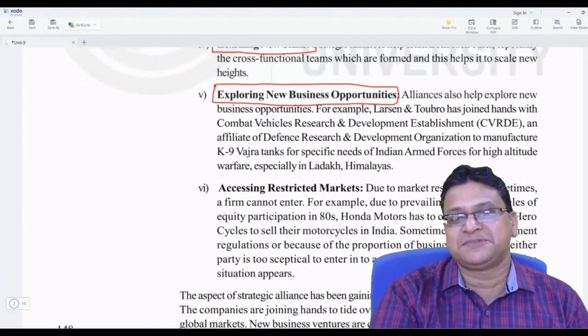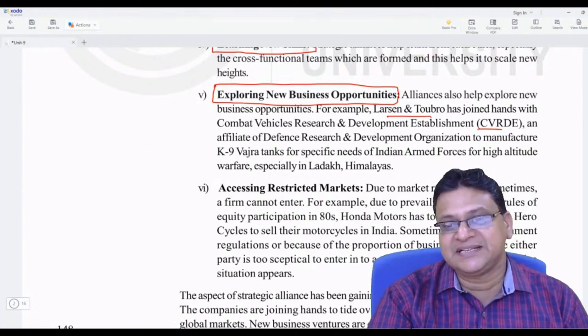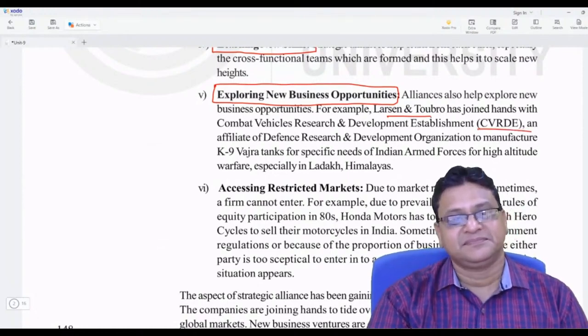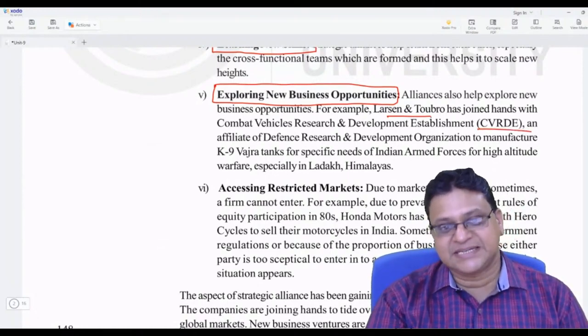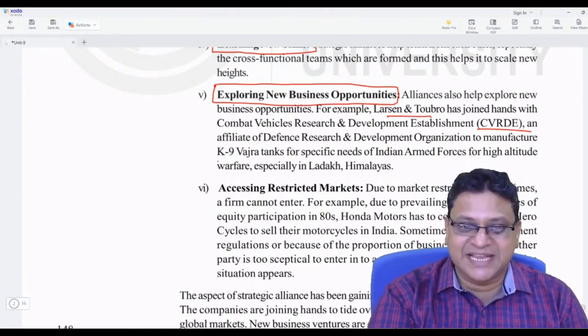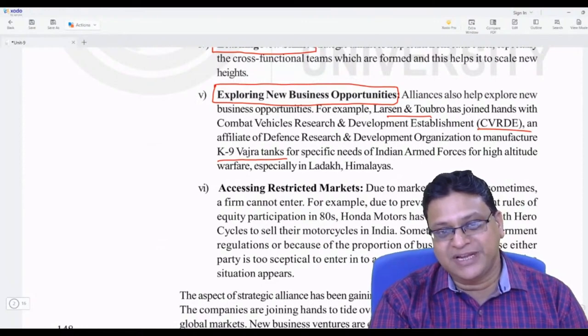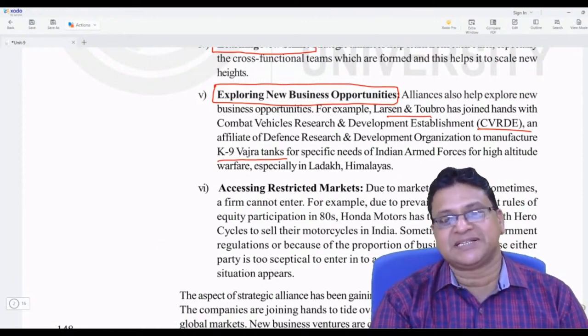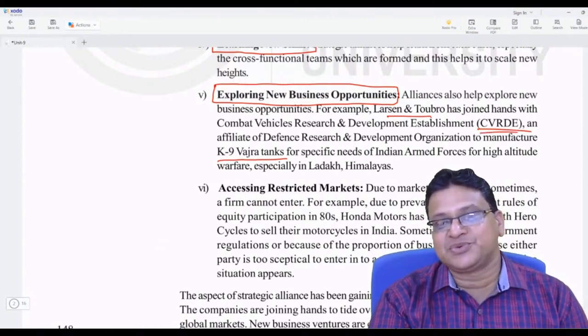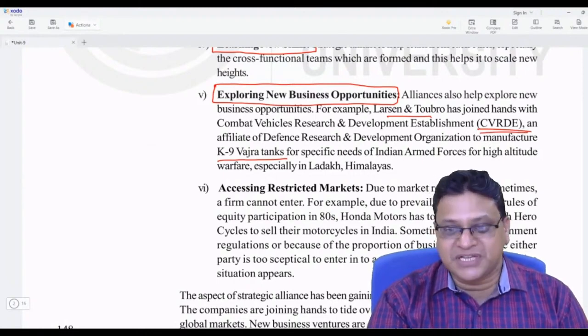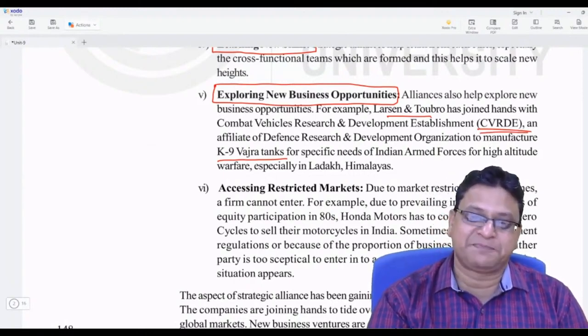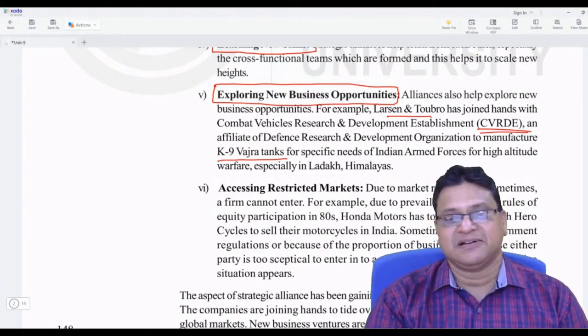There is an alliance between L&T and CVRDE. The alliance produced many tanks, K9 Vajra tanks. So if L&T wants to enter into defense business, it will have to make an alliance with a defense manufacturer which already has experience in that particular sector.